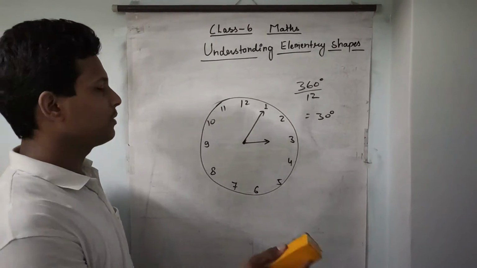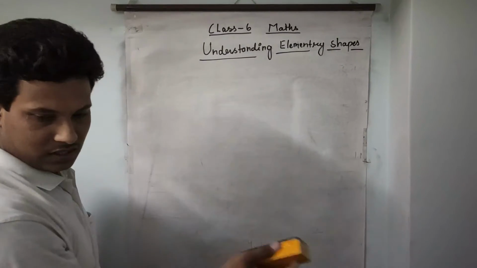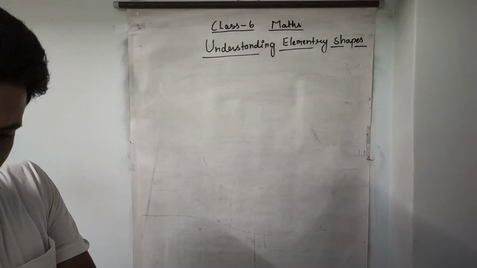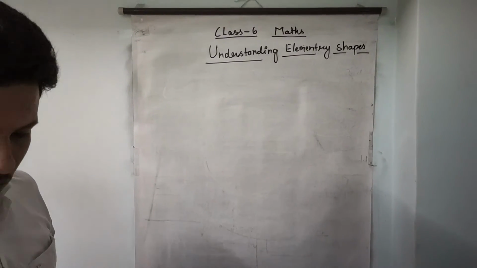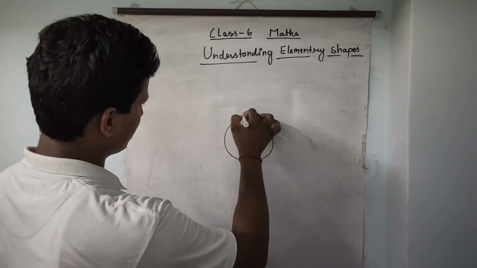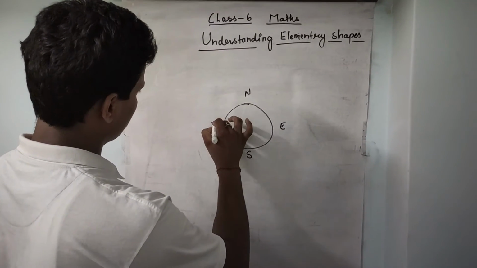Next is the direction part. We can measure direction using our compass. The compass has north, south, east, west.